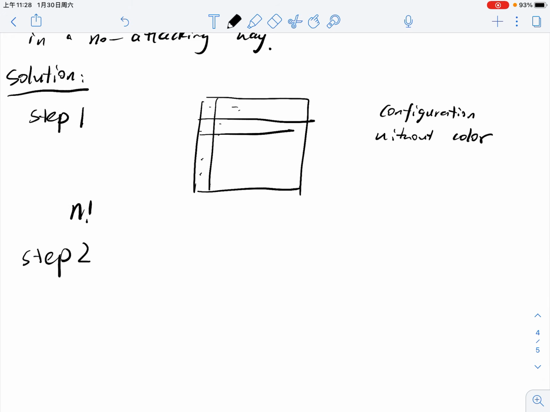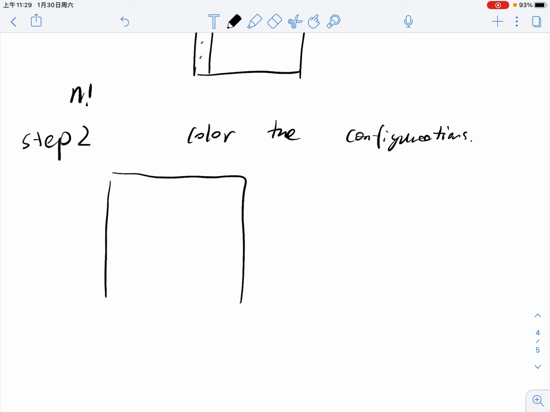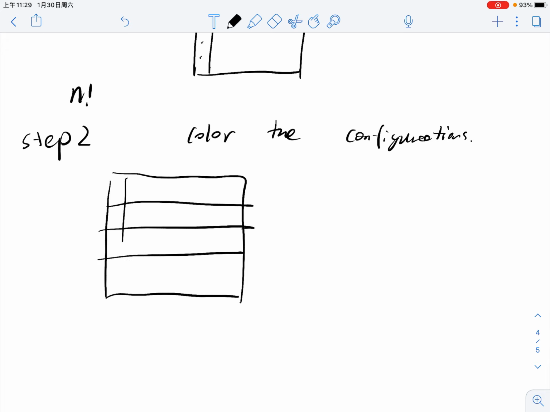And step 2, let's color the configurations. So suppose you have an n by n chessboard with n non-attacking rooks on it.